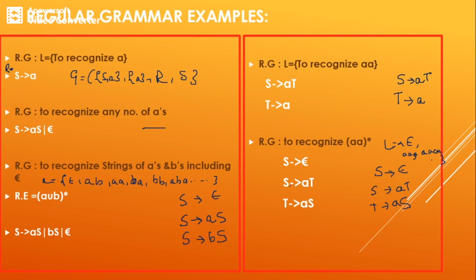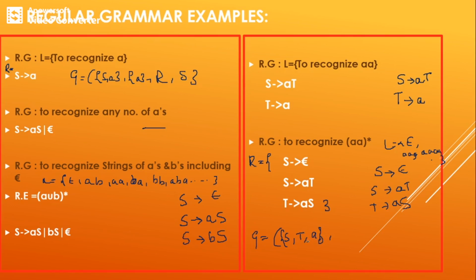Let me write this quadruple. G equals (V, sigma, R, S). R is nothing but the set of rules, which I will write as R equals this. V is the set of non-terminals and terminals, so S comma T, A. Epsilon cannot be a non-terminal.